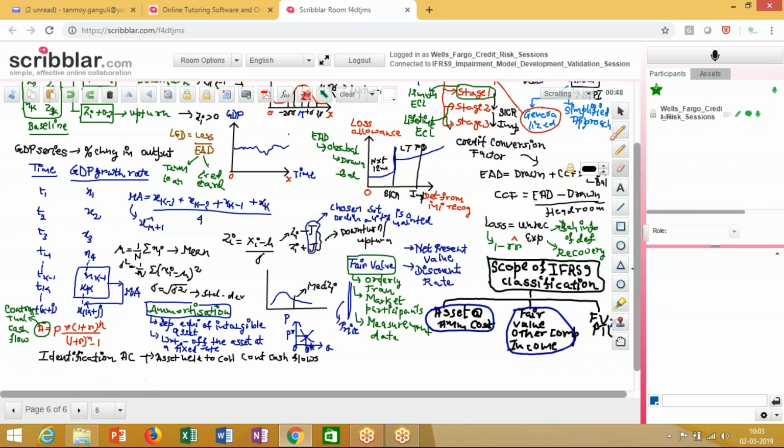The next thing is that the cash flow that comes in must comprise principal and interest.